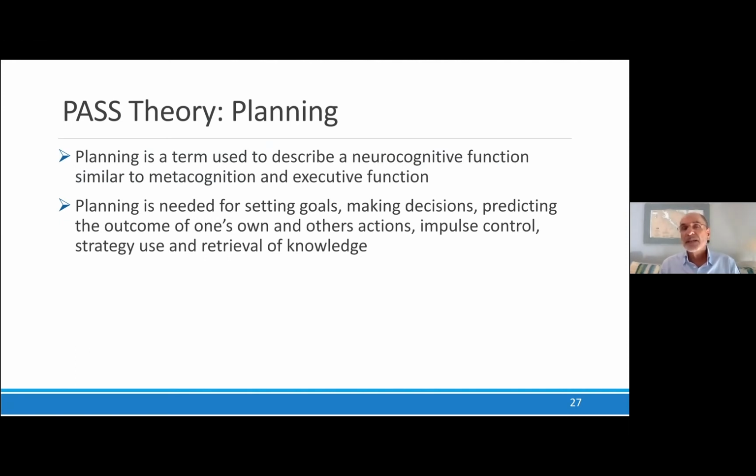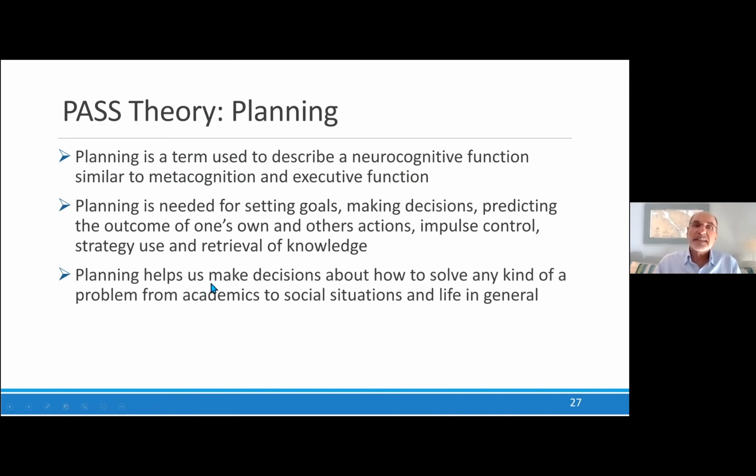So you might be thinking, that sounds like ADHD kids. Well, yeah, it is. And we'll take a look at that in a little while. In simple terms, this is what helps us make decisions about how to solve any kind of a problem. And we often think of solving problems at school, but it's more than just school. It's outside of school. It's social, social-emotional.